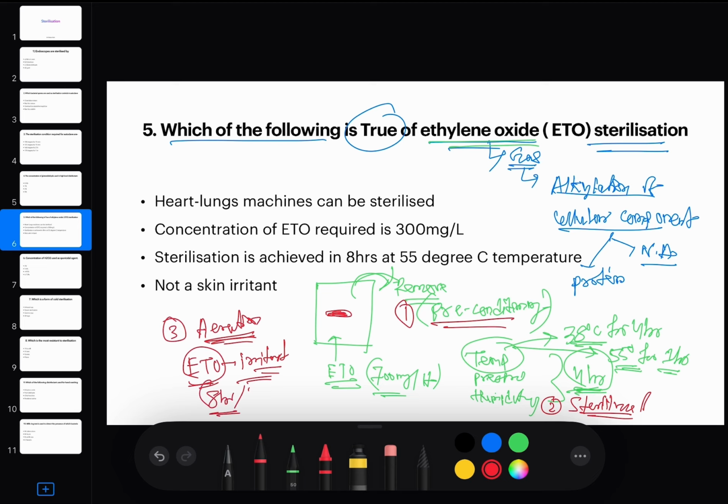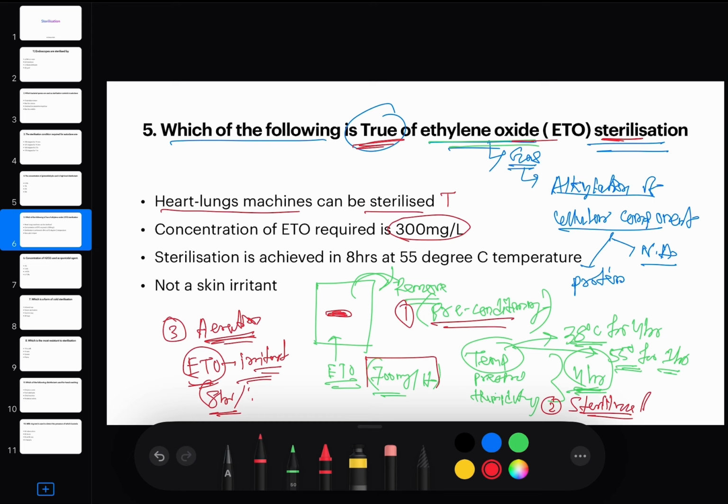Then come to the question, which of the following is true about ETO sterilization? First, heart lung machines are sterilized. True, this is true. Concentration of ETO required is 300 milligram per liter.